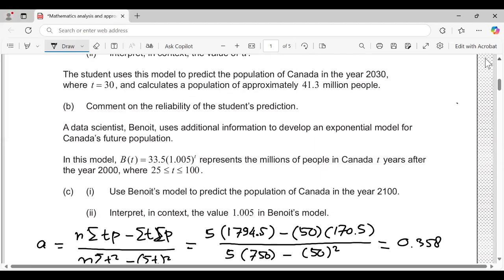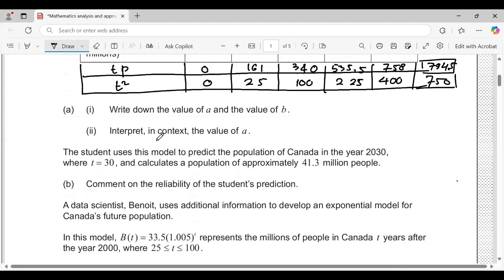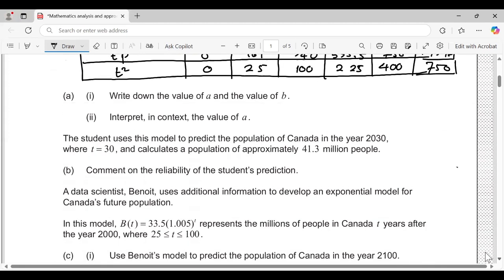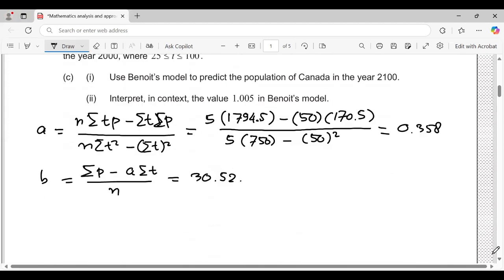And the next question, interpret in context the value of A. This is part 1.